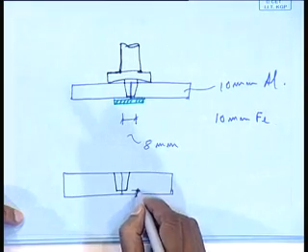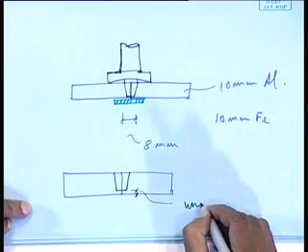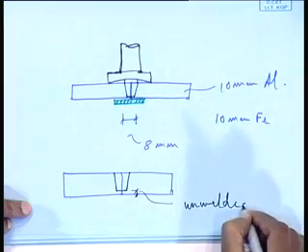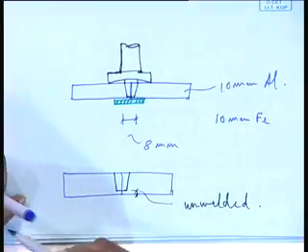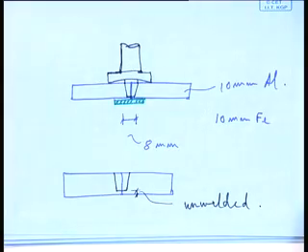This part remains unwelded, which will be a gross defect, because that unwelded part will act as essentially a discontinuity in the structure, equivalent to a crack. So, obviously, the structure will fail at that point.